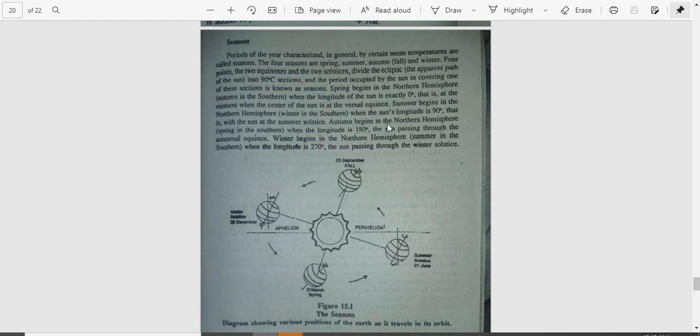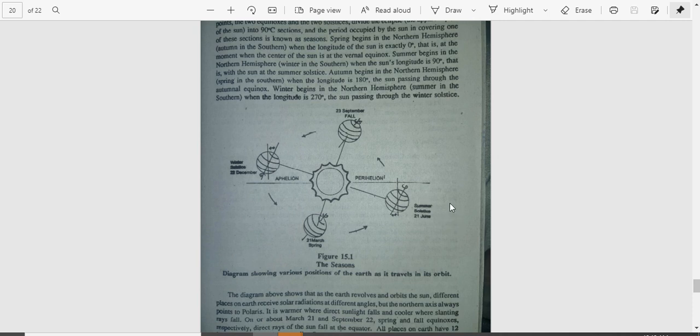Autumn begins in the northern hemisphere, spring in the southern, when the longitude is around 180 degrees. The sun passes through the autumn equinox. Winter begins in the northern hemisphere, summer in the southern hemisphere.